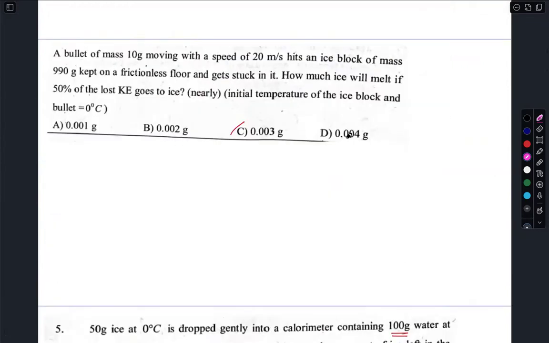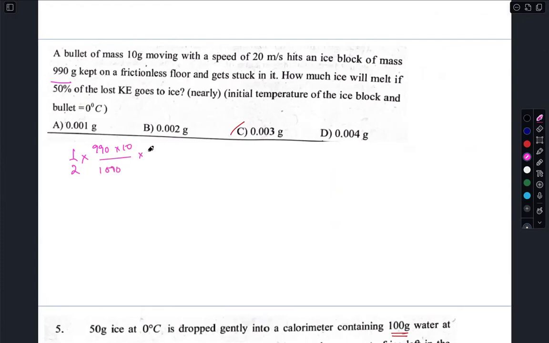Bullet of mass 10 grams moving with a speed of 20 meters per second hits an ice block of mass 990 grams on a frictionless floor and gets stuck in it. How much ice will melt if 50% of the lost K goes? First of all, what is the loss in kinetic energy? 1 minute. That I need to find. That is 990 into 10 by 1000.